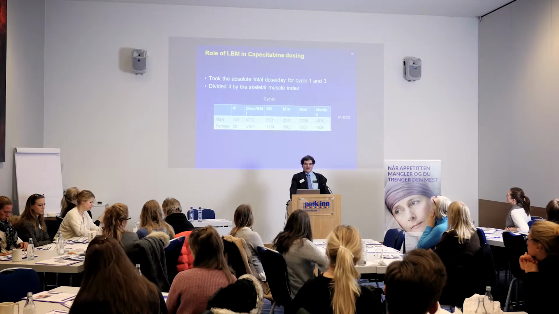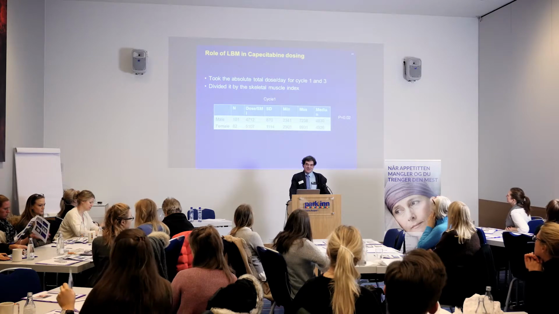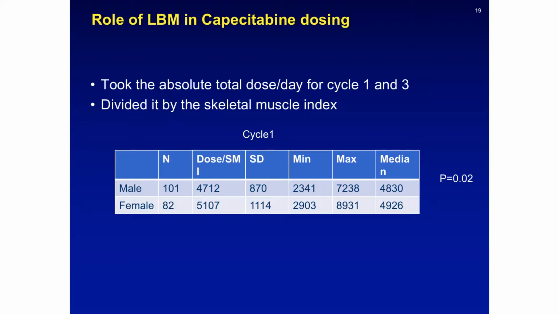So we looked at adjuvant colon cancer patients treated with capecitabine as a single agent, and because these were adjuvant colon cancer patients, they all received the maximum dose, the curative dose, 1,250 milligrams per meter squared.